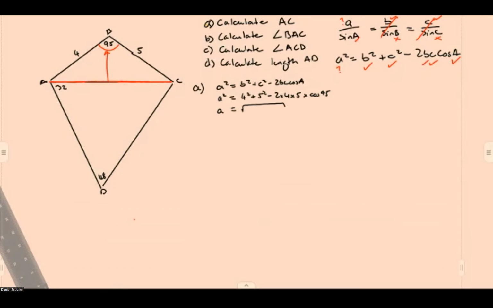I'm getting root of 44.46, and the root of that answer is 6.67. Okay, so I got units, centimeters. Nice one. We put that in, 6.67.